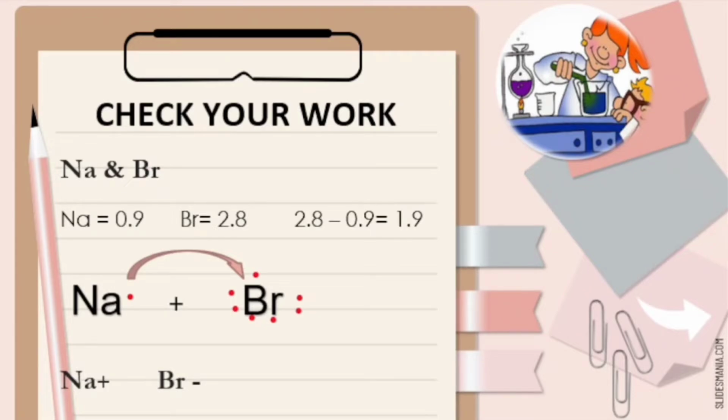Then using the electron dot structure, you can see that sodium forms a positively charged ion because it gives or transfers 1 electron to bromine. Bromine accepts 1 electron, so it becomes negatively charged.